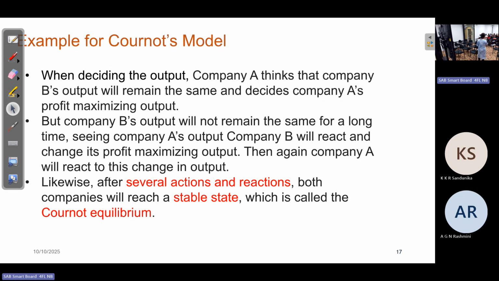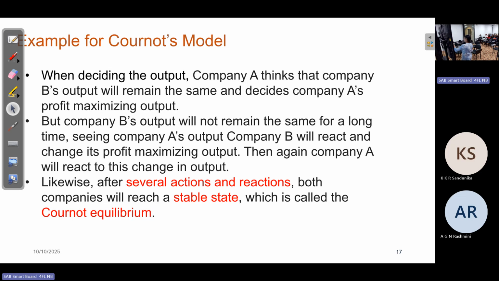If A thinks B will produce 50, he will assume that 50 stays constant. Understood? So firm A thinks B will not change.